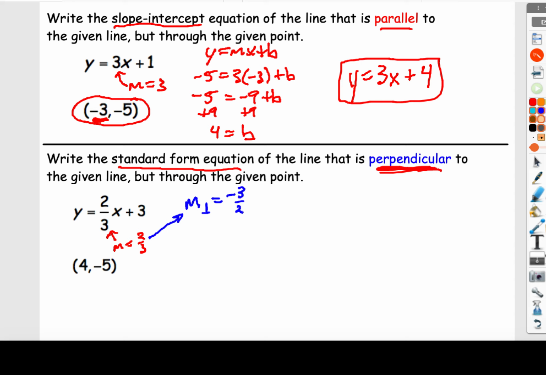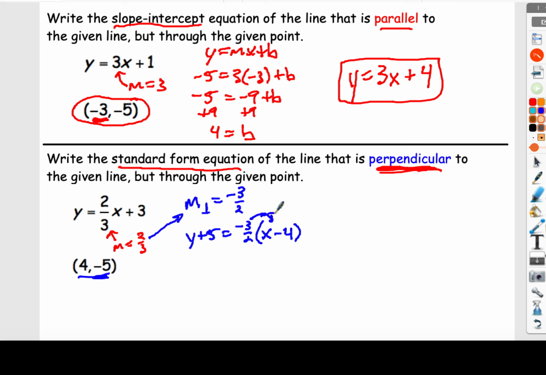Now, to figure out the b value, we could do what we did up top, so feel free to use that method, get it into slope-intercept form. But I'm going to go ahead and use point-slope form. I know a point and I know a slope. So I'm going to say y plus 5 equals negative 3/2 times x minus 4. Y minus the y value, y minus a negative made positive, so y plus 5, negative 3/2 for the slope, and x minus 4.